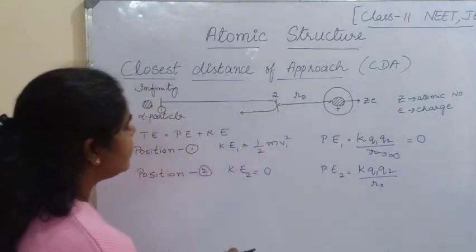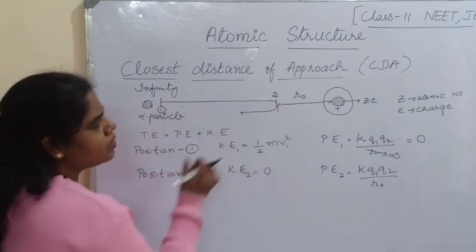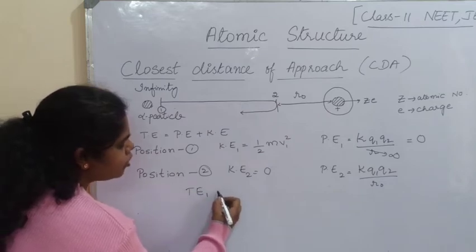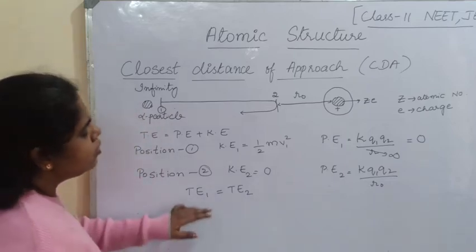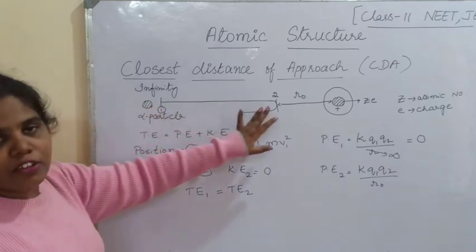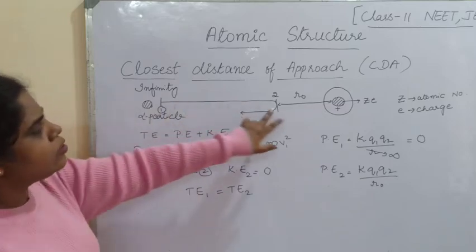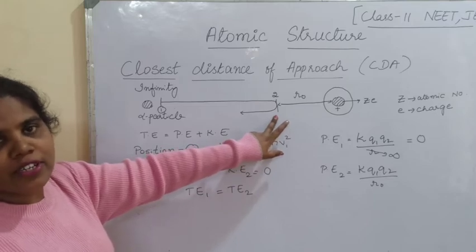Now let us equate the total energies at position 1 and position 2. Total energy at position 1 is equal to total energy at position 2. Students, you know that energy will be conserved. That is the law of conservation of energy.